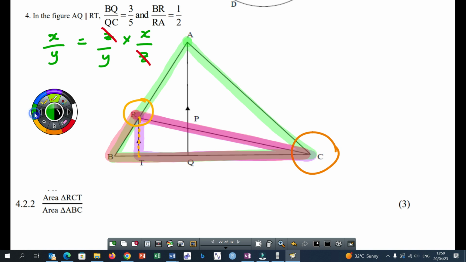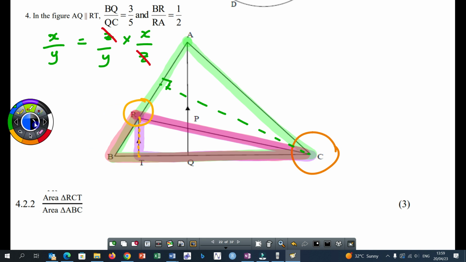Therefore, I can draw a height from vertex C all the way up to AB, and that angle will be 90. I can draw a perpendicular height from vertex C because BR is along AB, which means they also share a common height. Therefore, the ratio of the areas will be equal to the ratio of their bases.